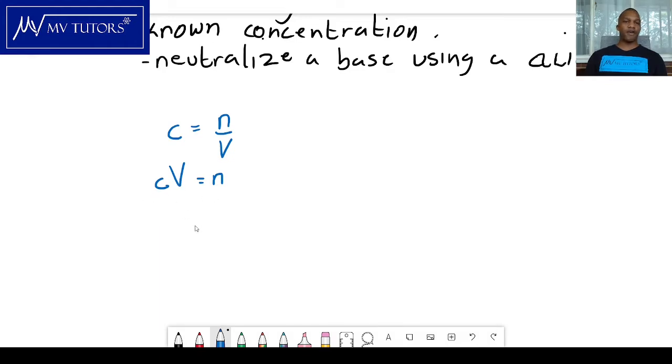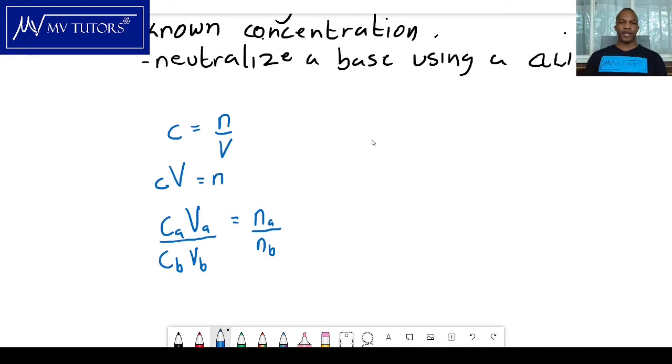So there is a formula where you can take the concentration of an acid and the volume of an acid is equal to the number of moles of an acid divided by the concentration of the base times the volume of the base, equals the number of moles of acid over the number of moles of a base.